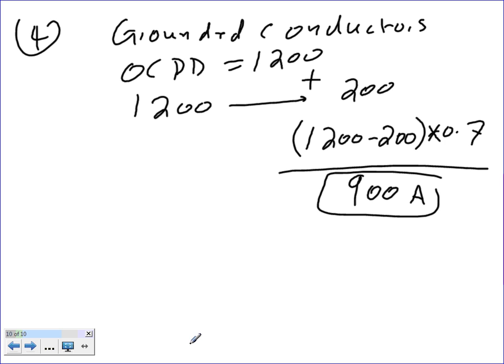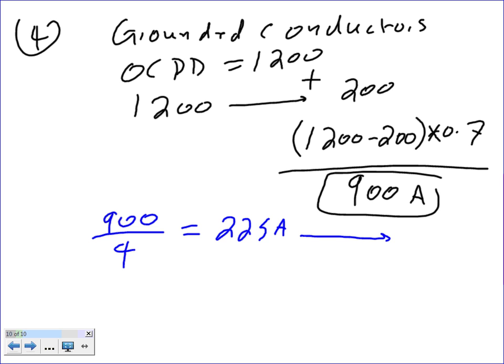So I'm going to go 900 divided by 4. What would that give you? 225 amp. Take this one to 310.16 under the 75-degree column. What would that give you? 4 sets.